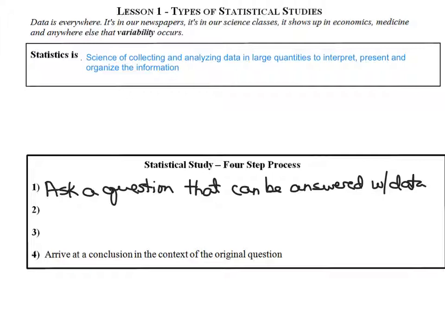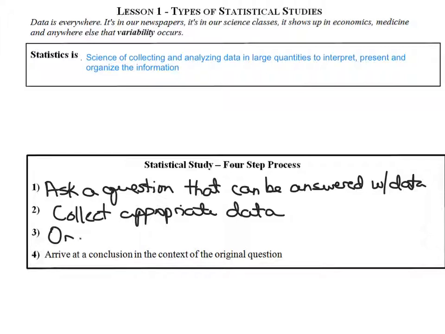Step number 2 is going to be to collect appropriate data. We're going to be looking in this section on how to collect that data. In step number 3, we're going to organize and analyze the data.